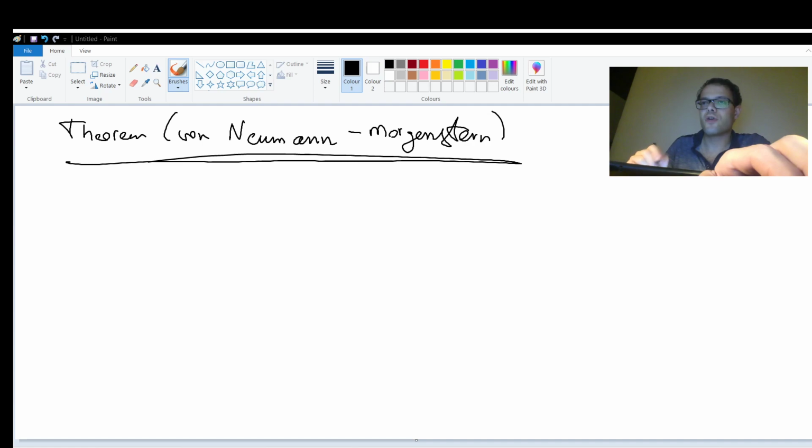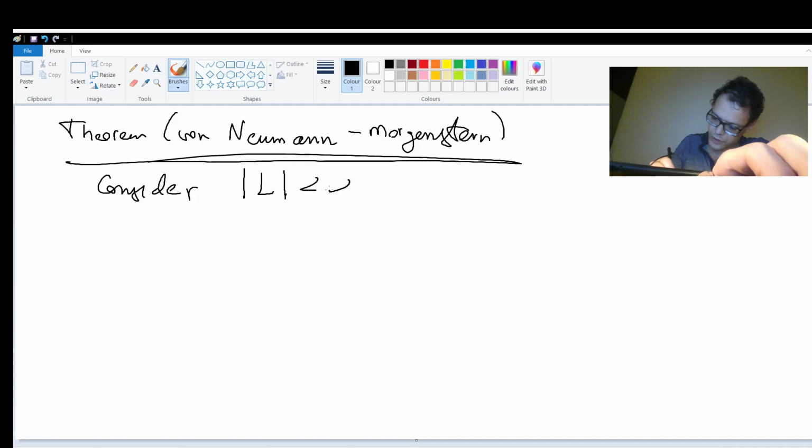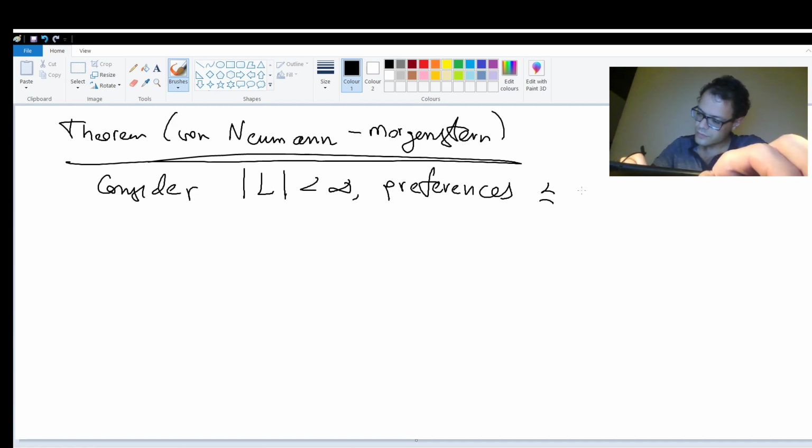So the theorem is as follows. Consider a finite set of outcomes, and preferences which are closed under mixing probability.